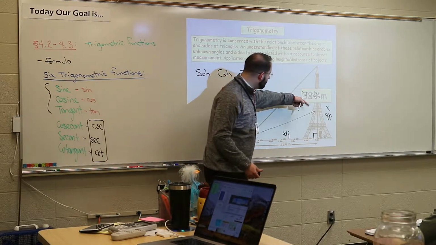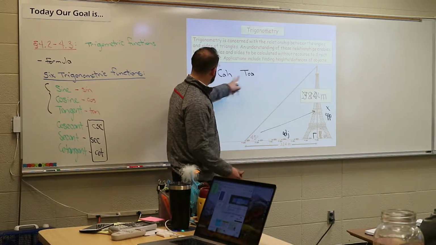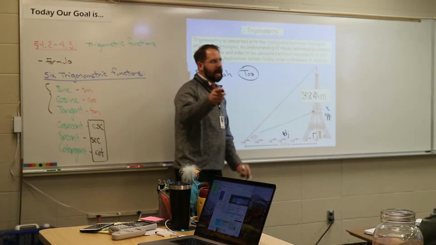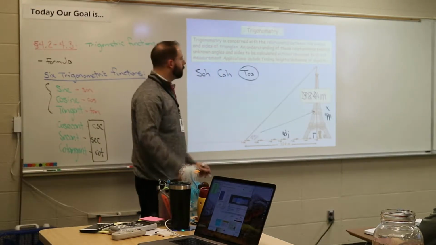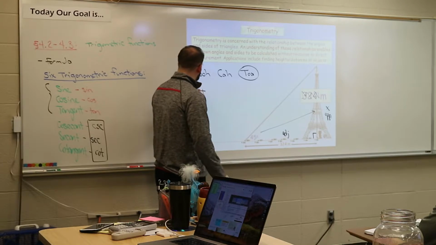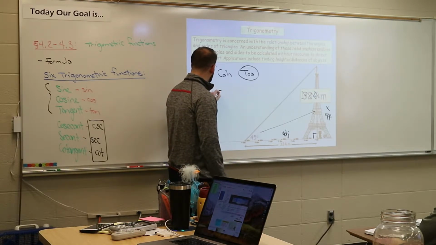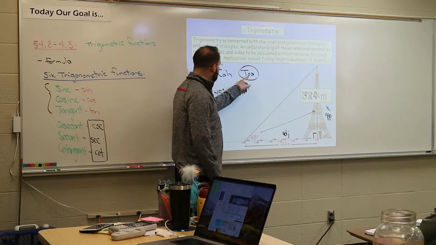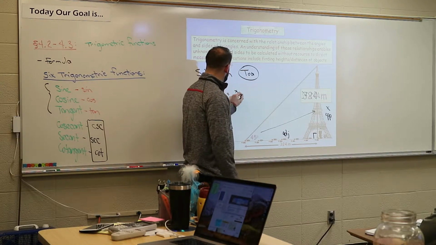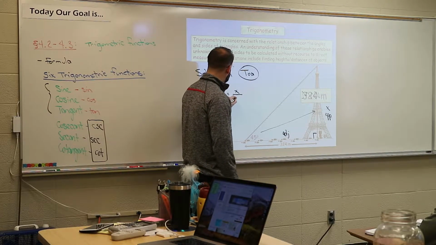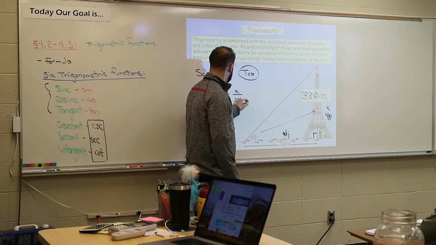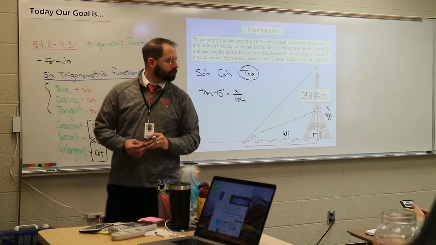So this one's using opposite and adjacent, so which one should we use? TOA. That's the one that uses O and A. So I would be using tangent, right? That's what the T stands for. Because it's using tangent of my angle, 45, is the opposite wall, which is x, over the adjacent wall, which is my 324.